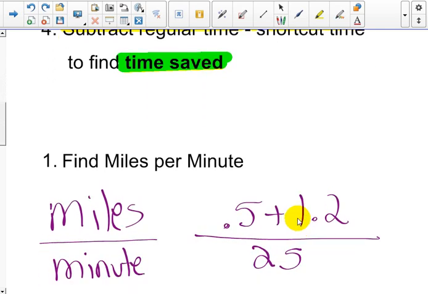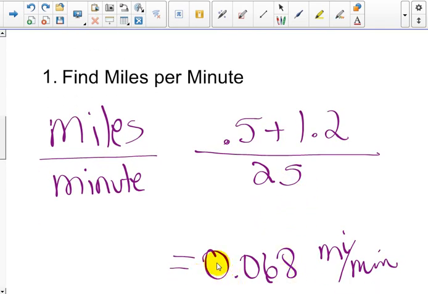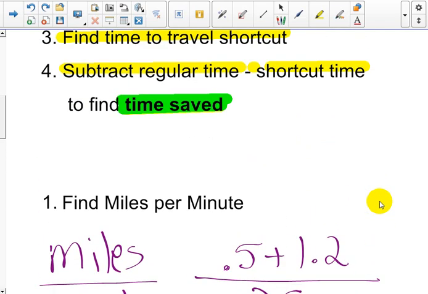Anybody? 0.068. Yes, that's correct. Good job. 0.068 miles per minute. So we're just going a fraction of a mile in 25 minutes.